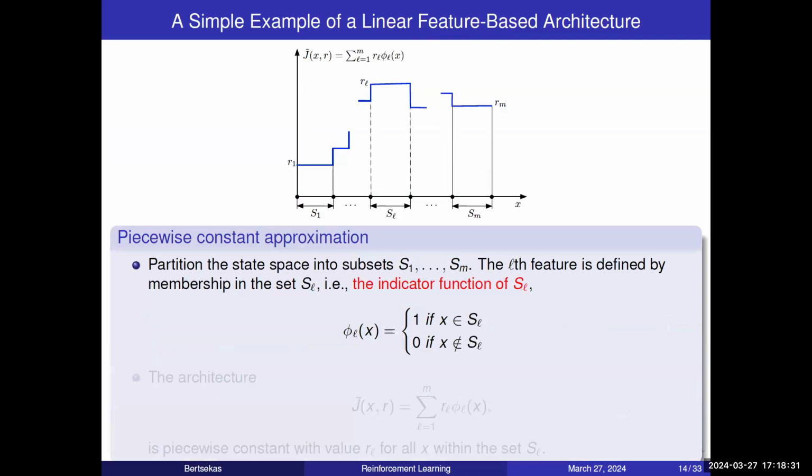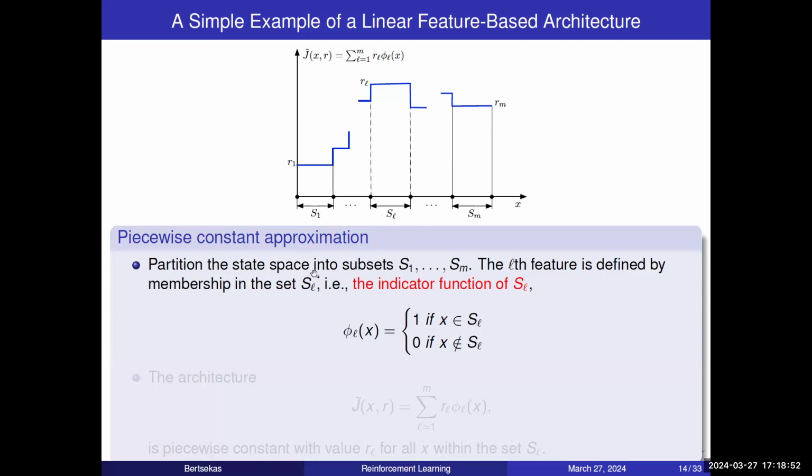A simple example of a linear feature-based architecture is this piecewise constant approximation, whereby we partition the state space. In this particular example, the state space is a line, one-dimensional.